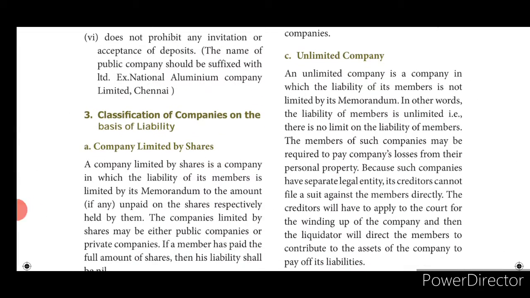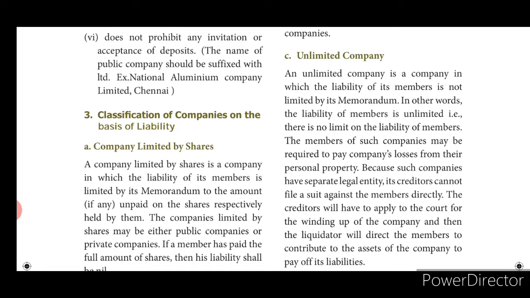In the same way, in the MOA, that is the Memorandum of Association, they will not mention that the liability is limited. So in that case, automatically the liability of the members is unlimited. Here, in case any problem occurs in future, if you want to pay the money to the creditors, either they can pay from the business, and if it is not sufficient, even the personal assets are responsible for that particular liability.